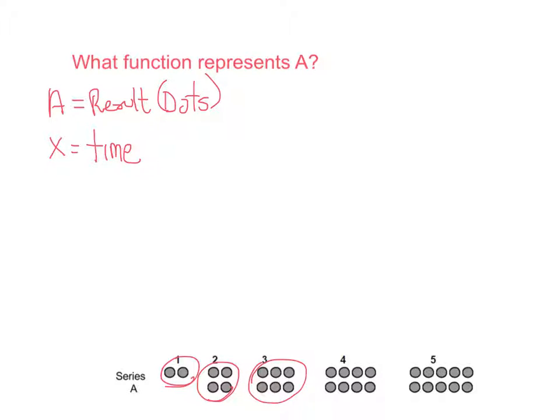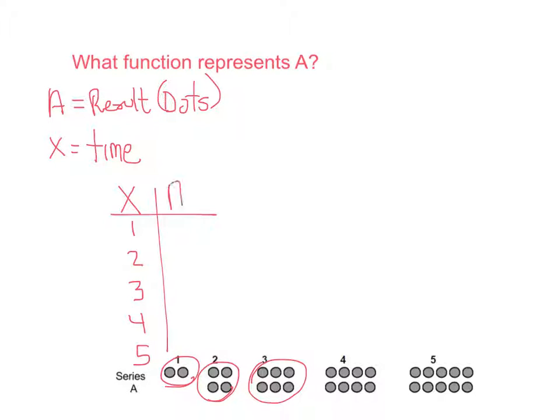To build the function, what we need to do is figure out what values of x can be combined to get A. So to do this, let's build a t-chart. We'll have x on the left side representing our time values, 1, 2, 3, 4, and 5.